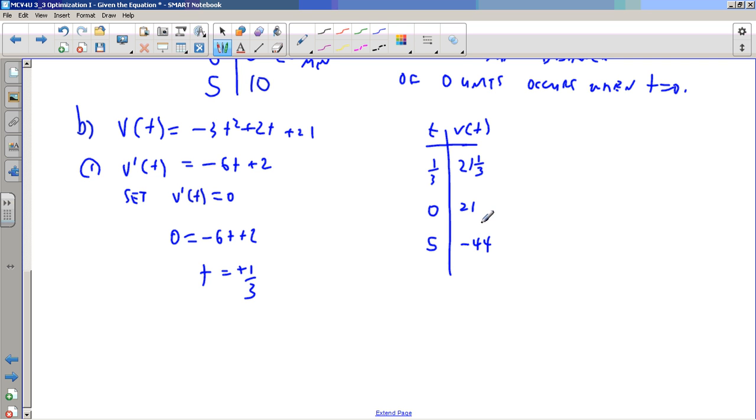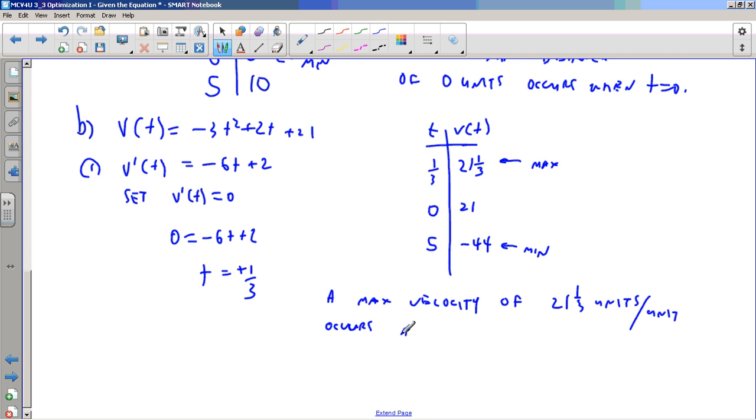And so notice, what do we got? We got a maximum velocity here, and then a minimum here. So maximum velocity occurs when the derivative is 0. So a max velocity of 21 and a third units per unit, probably meters per second, but it didn't say, occurs at time equals 1/3.